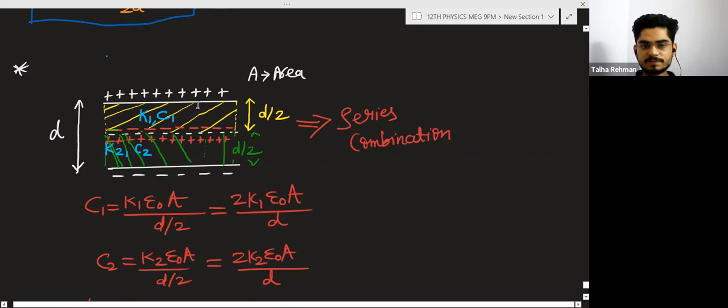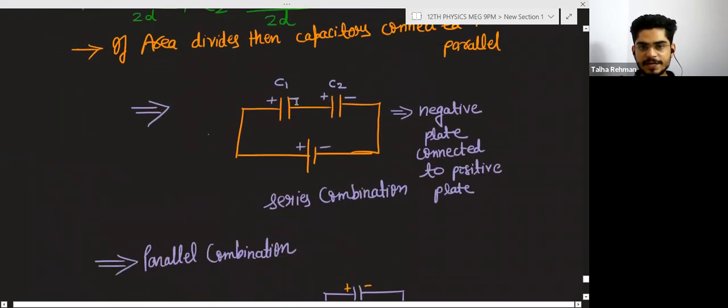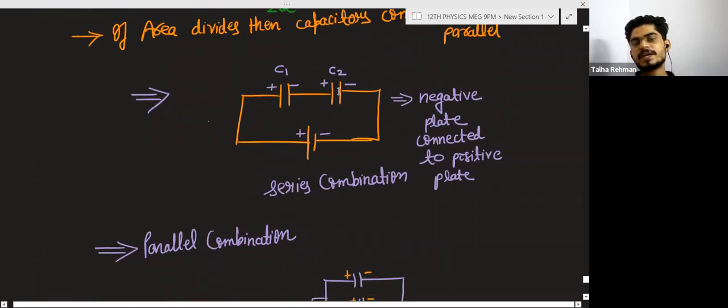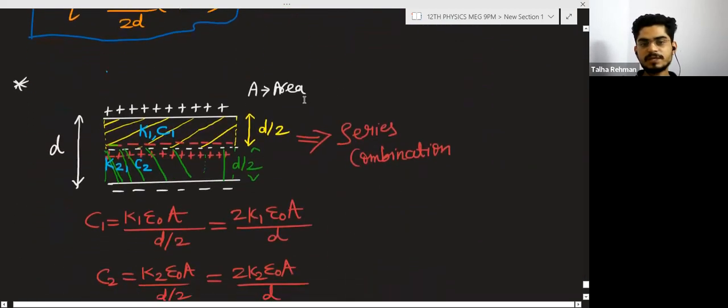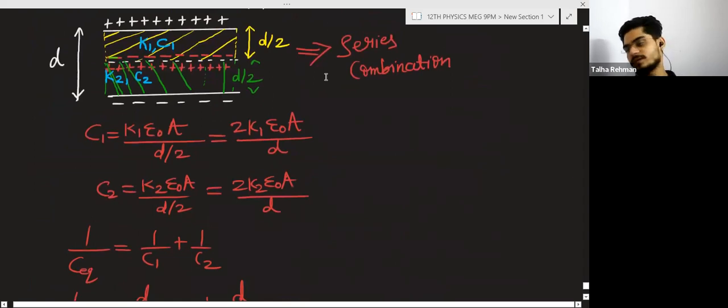Now this becomes one capacitor, and this becomes another capacitor. The negative plate of one capacitor is connected with the positive plate of the other, which is what happens in a series combination. So we can say this is a series combination.